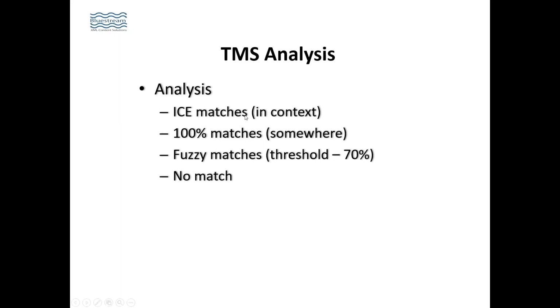So the ICE match is the very best match you can get. It's in context. A 100% match means that there's a correspondence between the words coming in and a translation done in the past, and then you get fuzzy matches. They go down to 70%, and then there's no match.